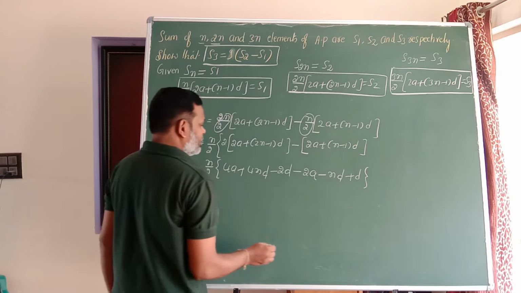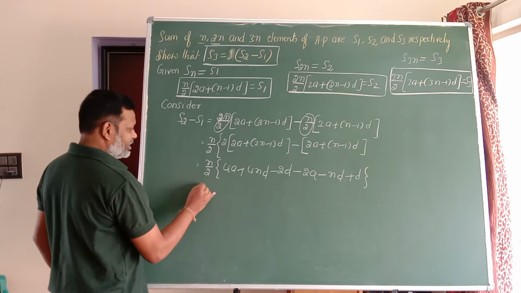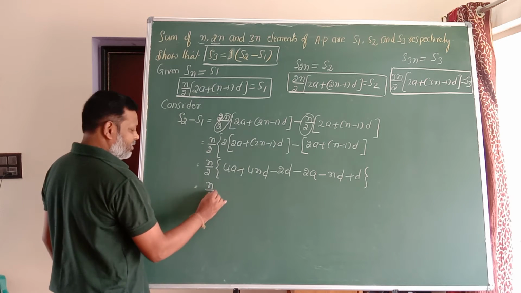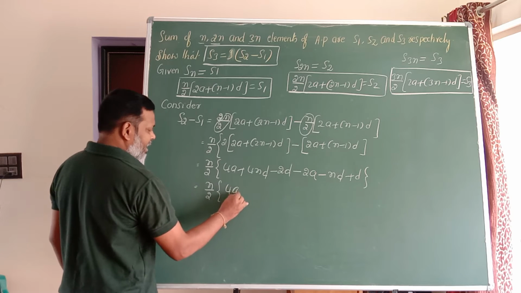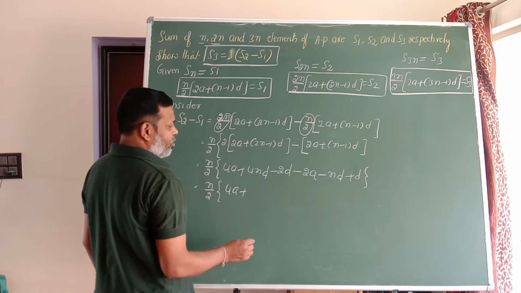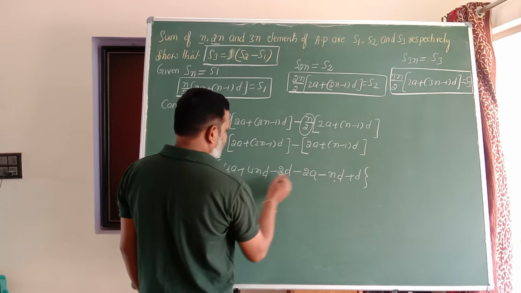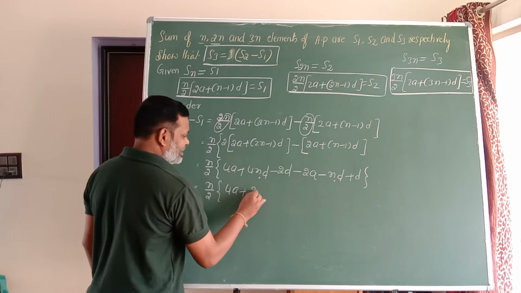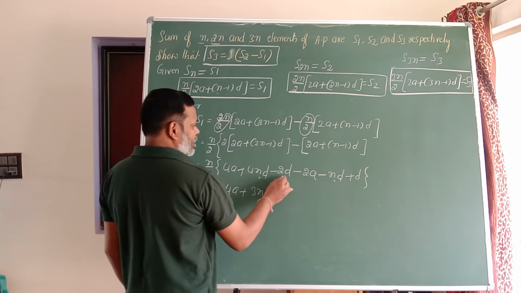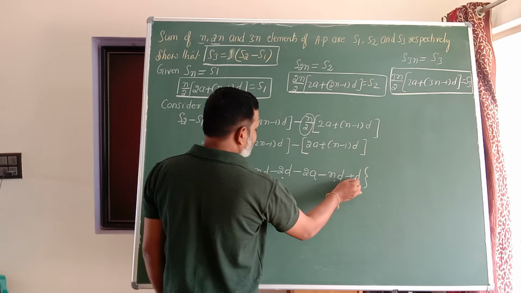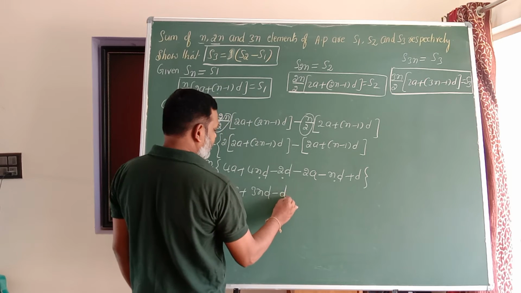Simplify this. N by 2 times of 4a plus 4nd minus nd. 4nd minus nd is 3nd, minus 2d plus d is minus d.